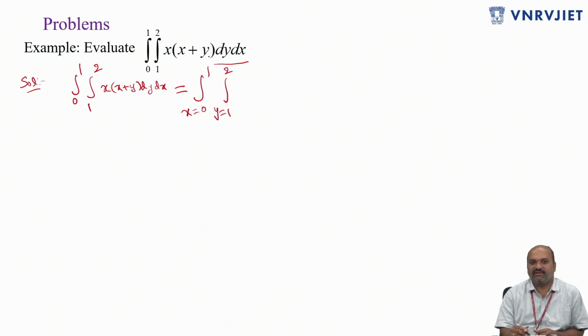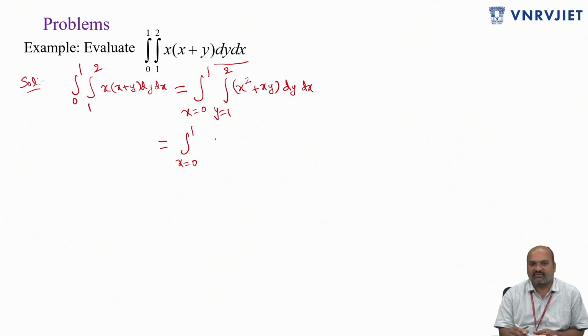Now x into x plus y can be written as x square plus xy. First with respect to y, then with respect to x. Since we are integrating with respect to y now, we have to treat x as constant.